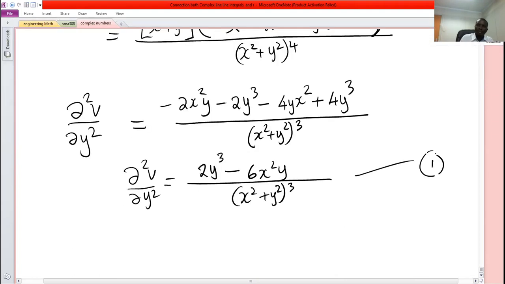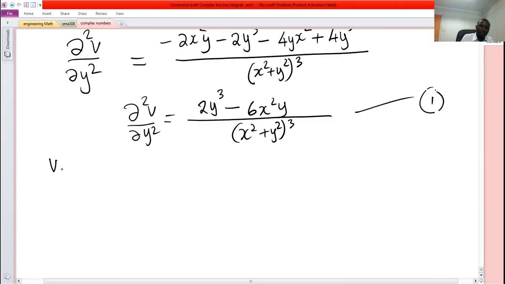And then next one. So remember v is given by y over x squared plus y squared. So if I let this one be my u, this one be my v, so u prime v minus v prime u over v squared.